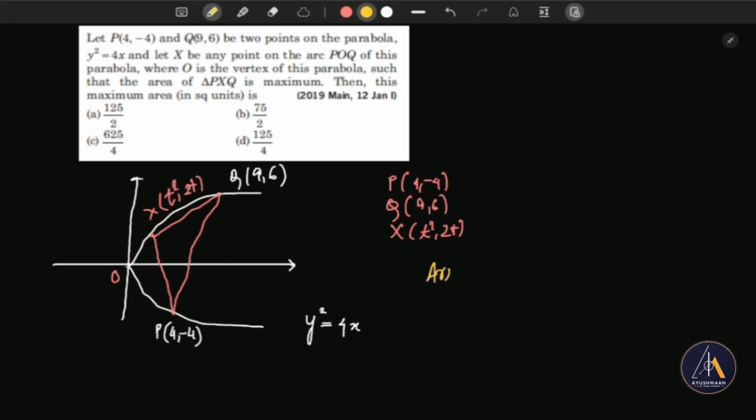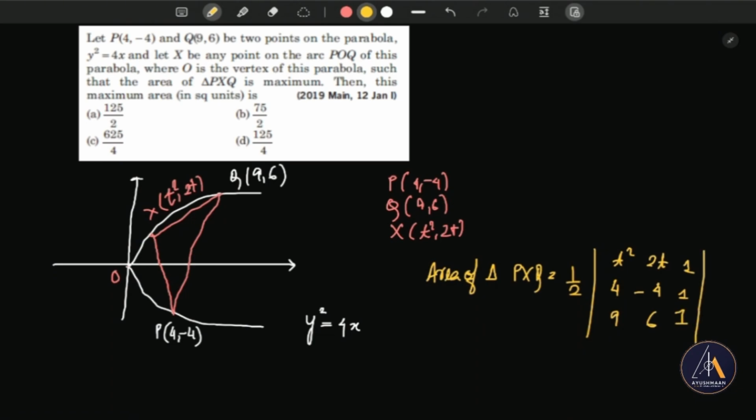Area of triangle PXQ will be equal to half times the determinant with rows (t², 2t, 1), (4, −4, 1), (9, 6, 1). We need to solve this determinant.